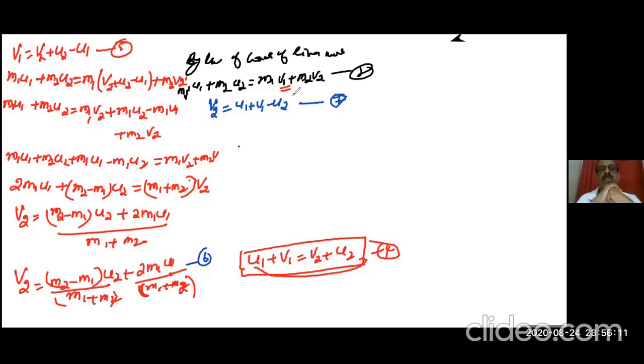Now substituting 7 in equation 2 again. M1 U1 plus M2 U2 is equal to M1 V1 plus M2 times V2, which is U1 plus V1 minus U2.